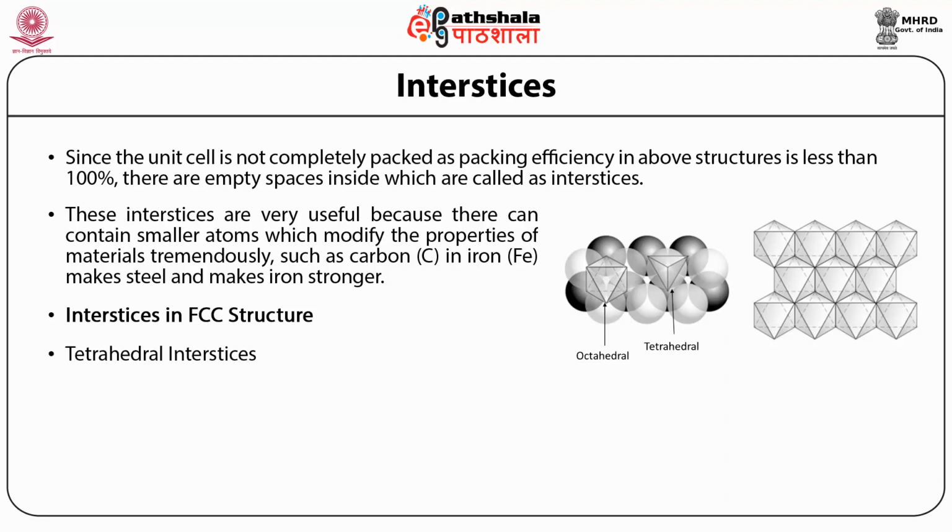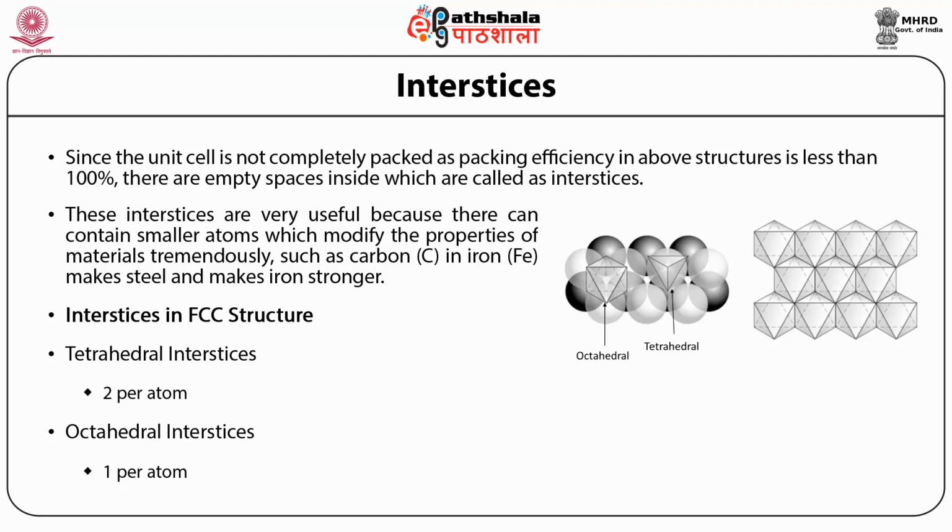First is tetrahedral interstices, which has two per atom. The second is octahedral interstices, which has one per atom. So in the figure shown below, you can see that two types of interstices can exist. First is octahedral and second is tetrahedral.